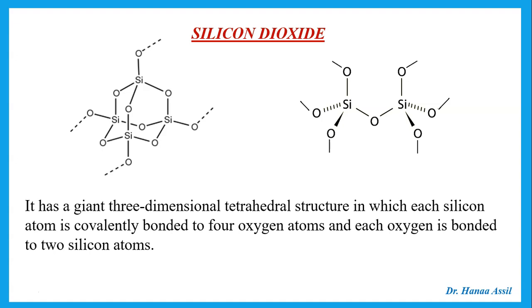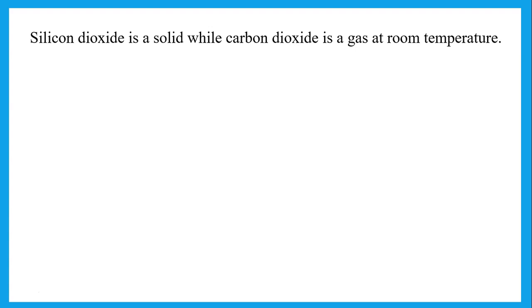Each silicon atom is covalently bonded to 4 oxygen atoms, and each oxygen atom is covalently bonded to 2 silicon atoms. Please learn all of these things.